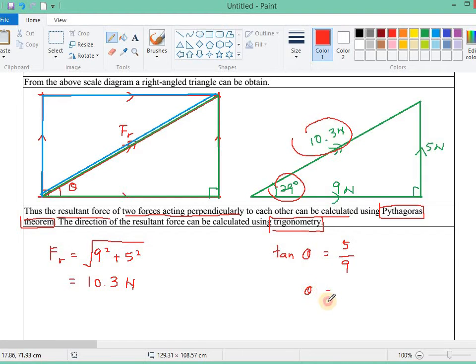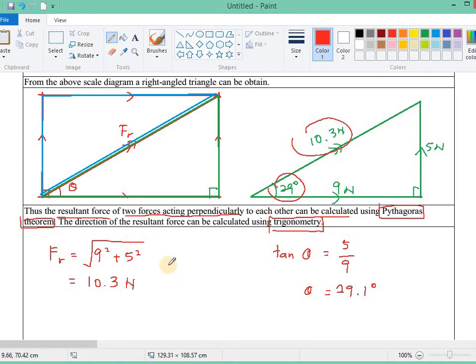So the angle will be 29.05. If we round off, we can get 29, or we make it 29.1 to be more accurate. 29.1 degrees.